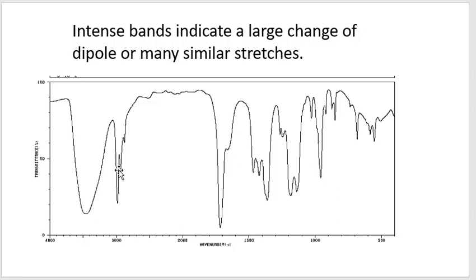This band right here is the CH, and there's probably just a whole bunch of CHs. As it vibrates, its dipole doesn't change very much at all, but there's a whole bunch of CHs, so you end up having a low transmittance as well, a high absorbance. We can see some of these bands to the right are much smaller by comparison. Just recognize that the difference in intensity does tell you something about the functional group. If you know that you only have one of those groups in there and it's a really intense band, then you know that there has to be a change of dipole.